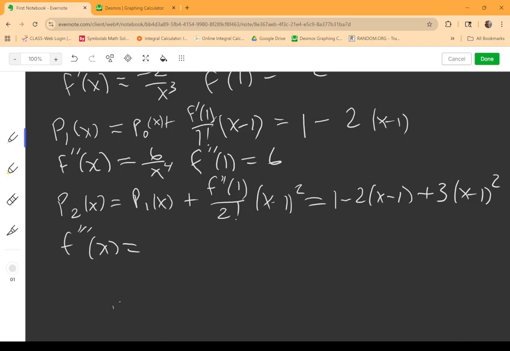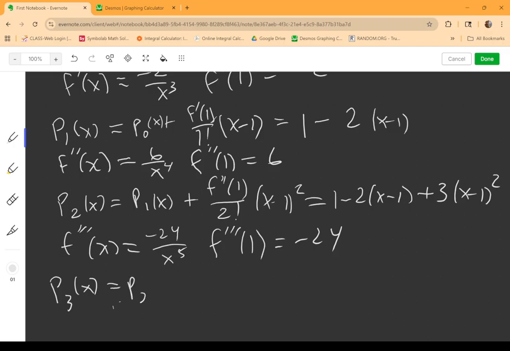Let's go back: f prime, f double prime, 4. So f triple prime is negative 24 over x to the 5th, and f triple prime of 1 gives me negative 24. Now building our third Taylor polynomial, it's really just the previous one, and here we add f triple prime of 1 over 3 factorial.